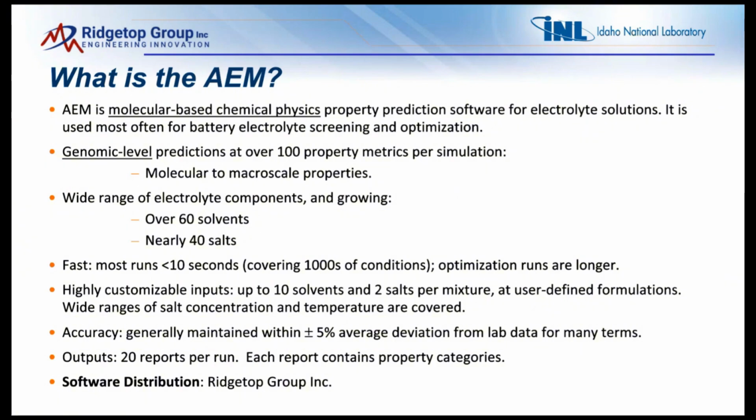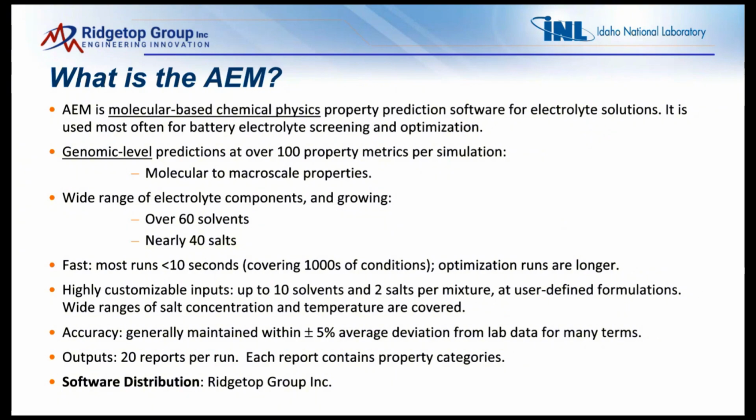Some metrics, their laboratory data carry with it large error bars, such as diffusivity measurements, and some transference measurements may be way beyond the plus or minus 5% coming from the lab. Even so, we try to heighten our predictive capability to within plus or minus 5% of the available lab validation data. The outputs include 20 reports per run, and each report contains a distinct property category. And of course, the software distribution is handled by Ridgetop Group.